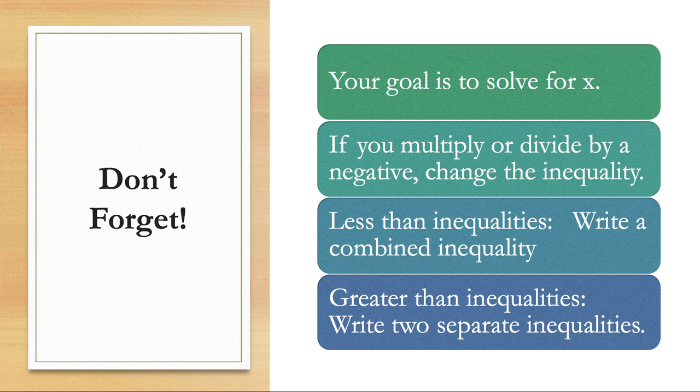And if you have a greater than inequality with an absolute value, you want to write two separate inequalities. So this is important because as you begin working a problem, you need to look at whether or not you have a less than or a greater than to help you determine how to get started.